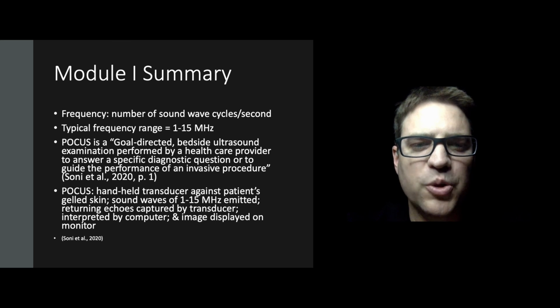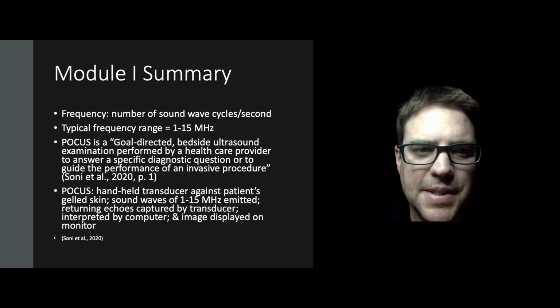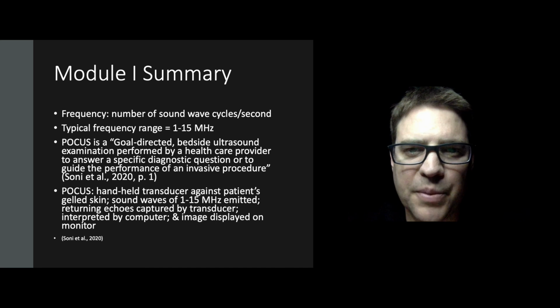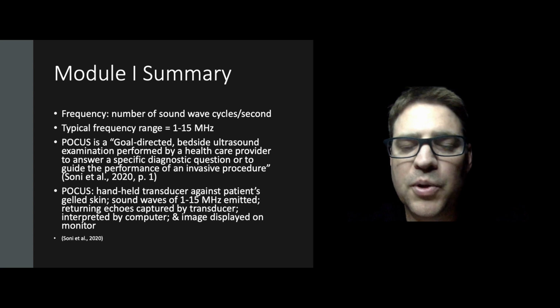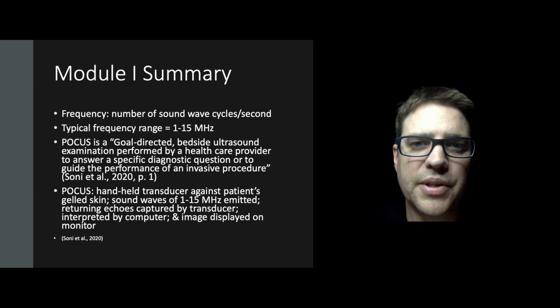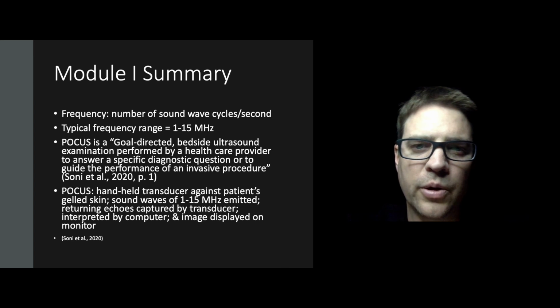Okay, just a quick Module 1 summary, because you may see some of these again. Frequency, or hertz, is the number of sound wave cycles per second. The typical frequency range in medical POCUS falls between 1 million and 15 million hertz, or 1 to 15 megahertz.